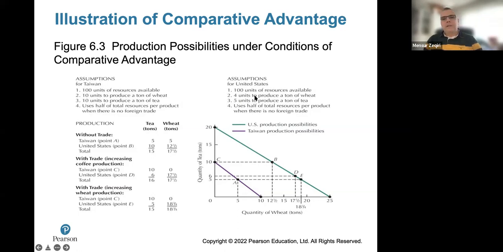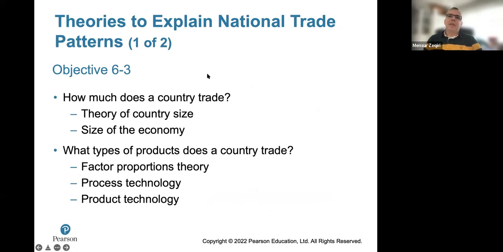So more or less, this is how countries can use absolute and comparative advantages.